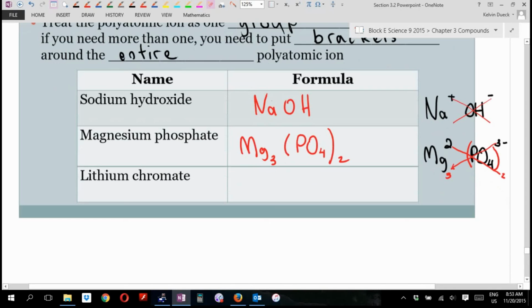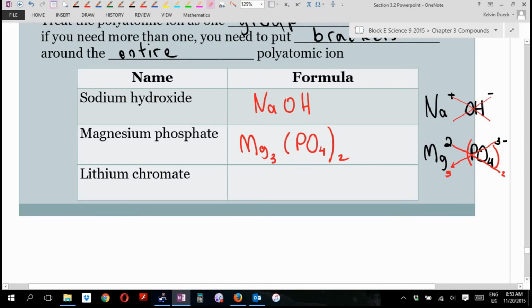Let's try another one. Lithium chromate. I'll do that over on the left because I have room. Li. Lithium I've memorized because I use it so often. That one's plus. Chromate, not dichromate, on the back of my sheet is CrO4, 2 negative.